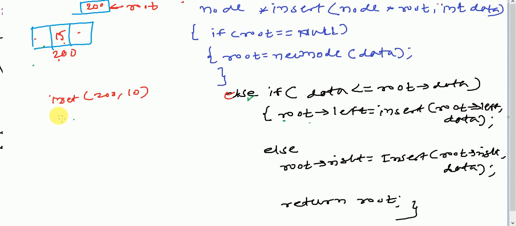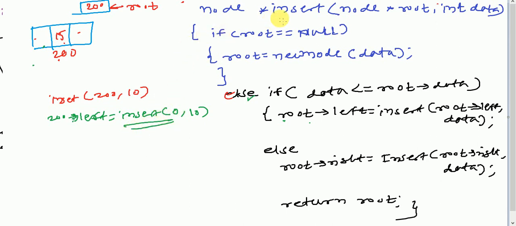So then we are calling here 200 arrow left is equal to, we are calling for what? Insert. Now what is 200 arrow left here? 200 arrow left is null. So I'll call it as 0 and data is 10. Okay. So this will give a call to insert 0, 10.